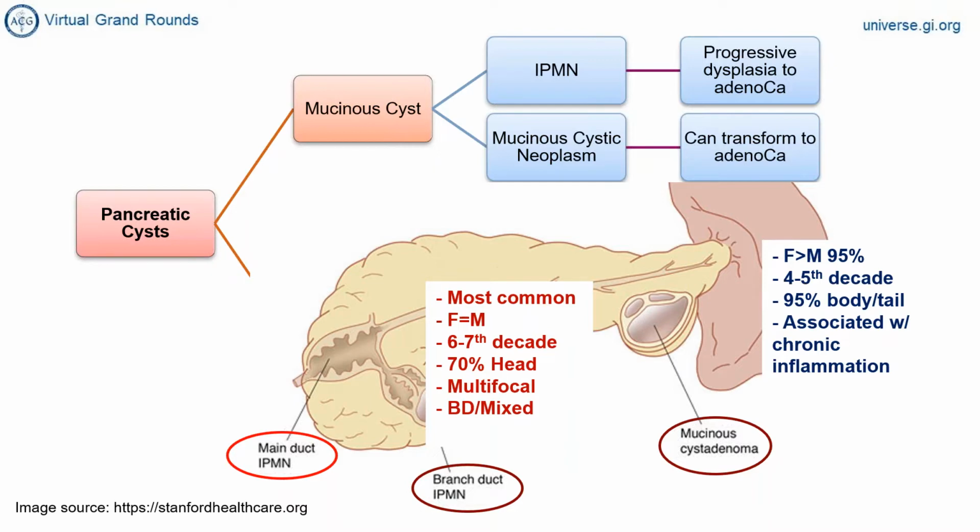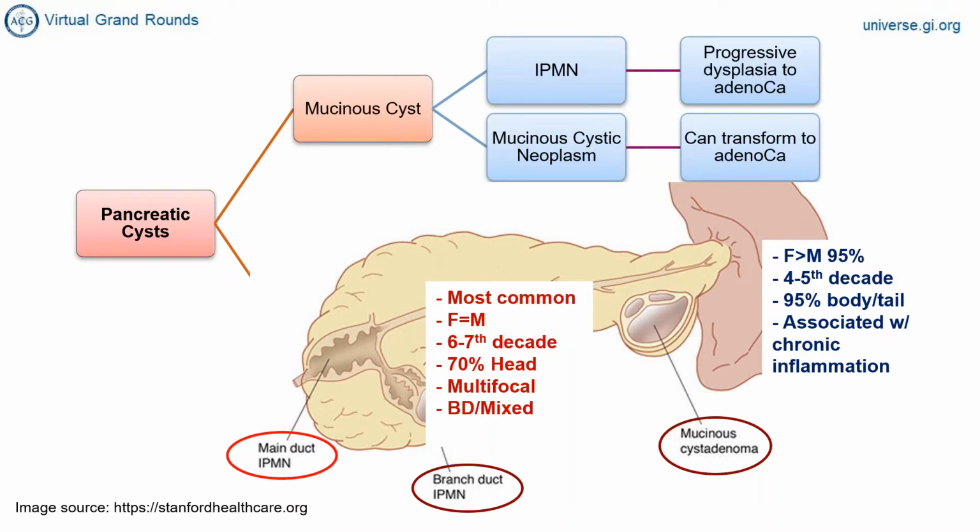These progress to adenocarcinoma through a dysplasia pathway, which is low-grade to high-grade dysplasia, eventually reaching adenocarcinoma. These are of equal incidence in men and women, commonly seen from 60 years onwards. 70% of these are in the head of the pancreas. And among all the cysts, these tend to be the most common cysts for being multifocal.